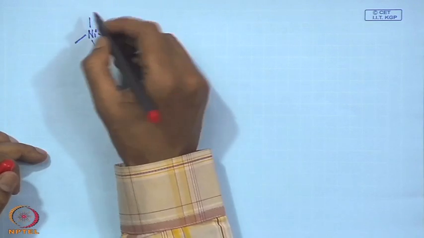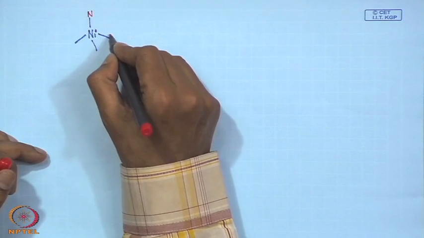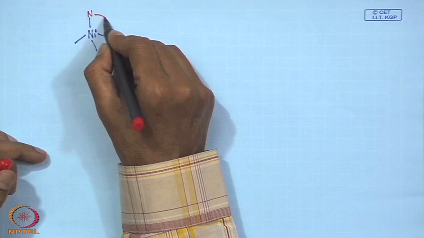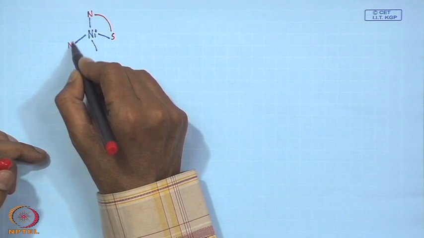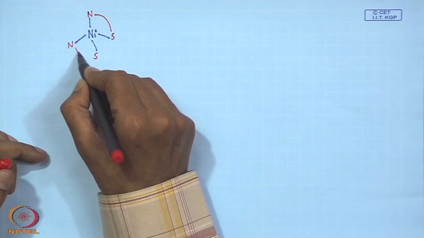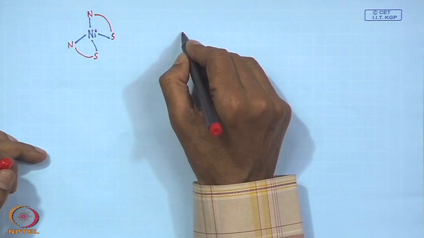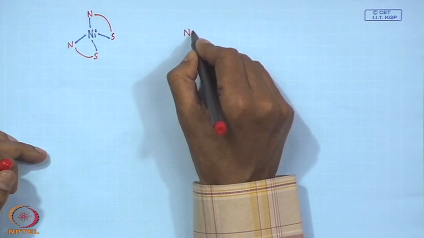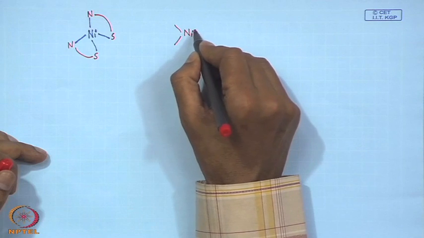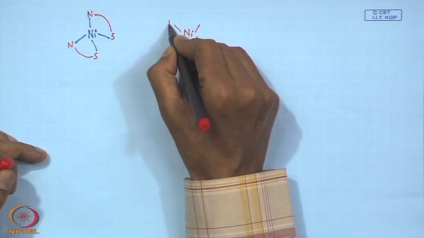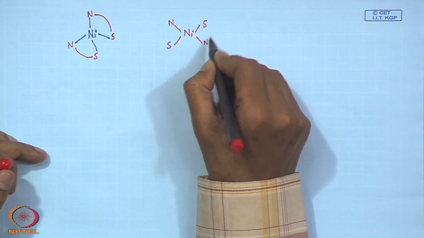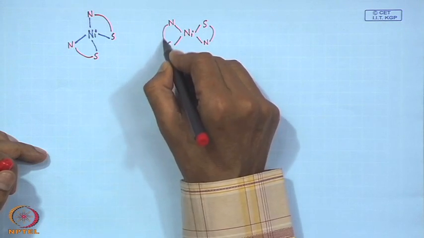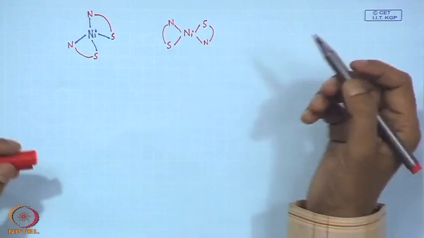So, what we see is the tetrahedral one. We can have the same ligand that we are utilizing, the pyrazole dithiocarbamate, and if it is square planar, it is a trans one, it can also be the cis variety.